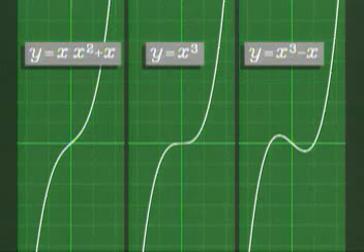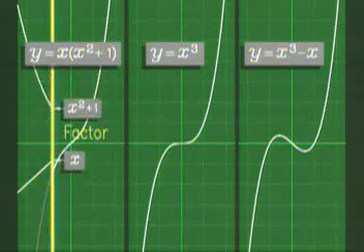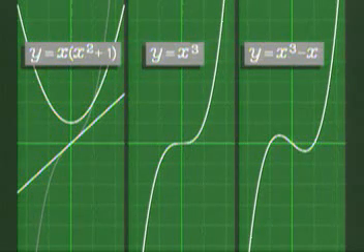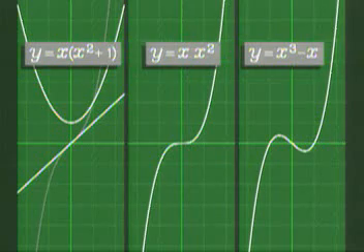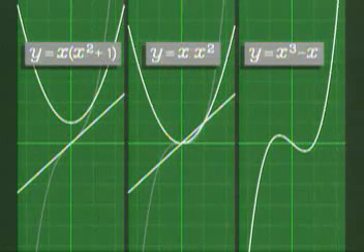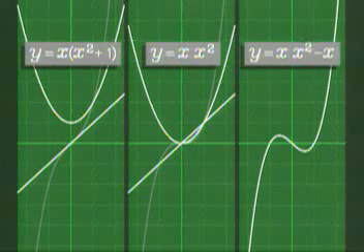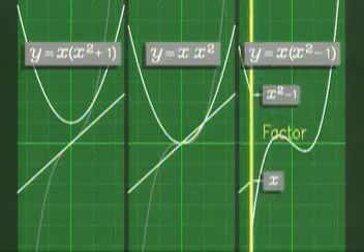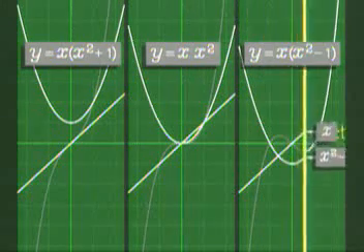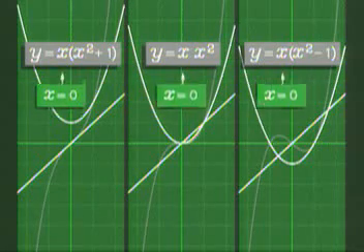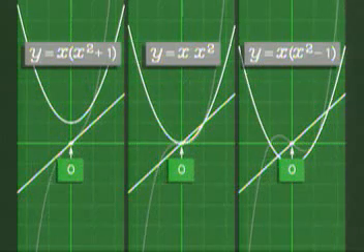To see why, factor the cubic as the product of a linear factor and a quadratic factor. The linear factor has exactly 1 zero, which is also a zero of the cubic.